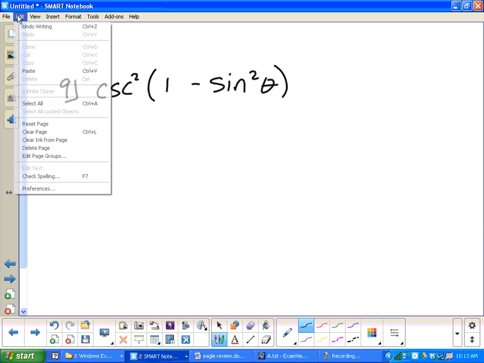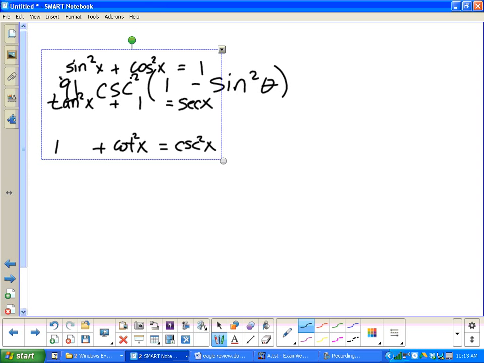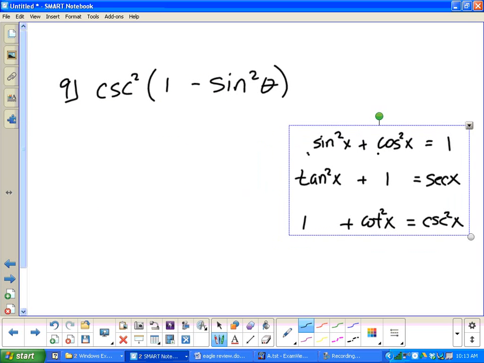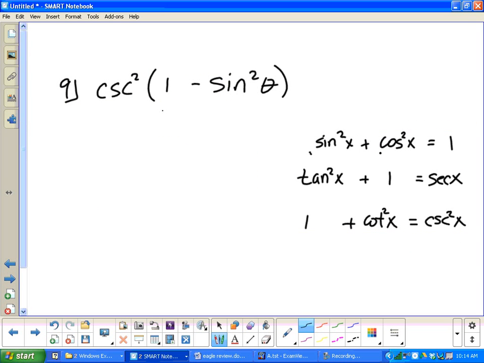Now let's see on this one. Hang on, let me paste it. All right, now again, instead of multiplying, you've got a 1 and a sine squared. So let's see how we can manipulate that. Think about it. How can we get a 1? We just take this one out.